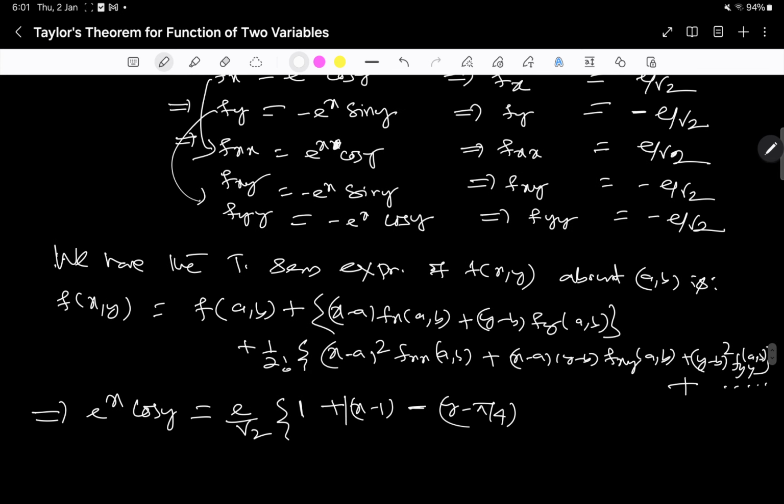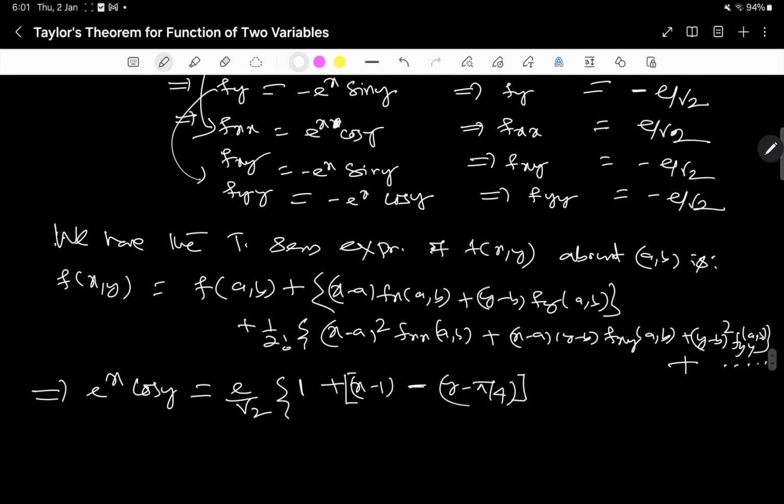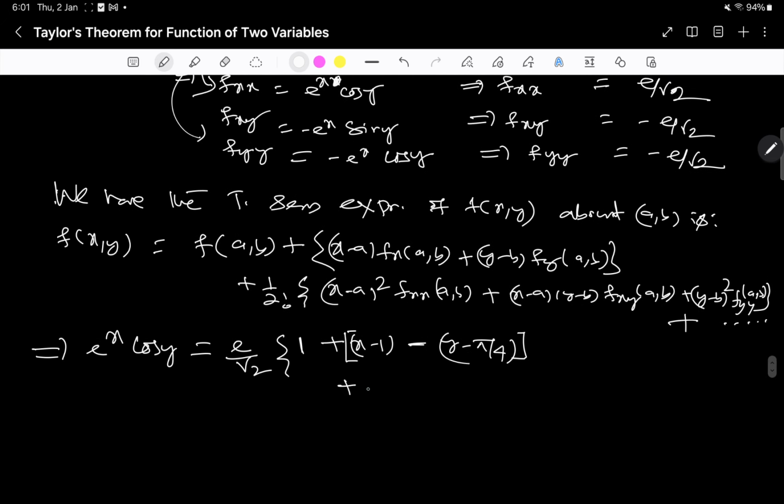This is my second term here, because the e by root 2 has been taken common already. Then plus the next term will be 1 by factorial 2, x minus 1 whole square into 1 minus 2ab, 2 into x minus 1 into y minus pi by 4.